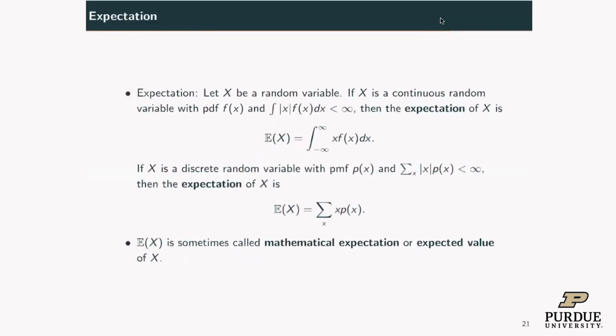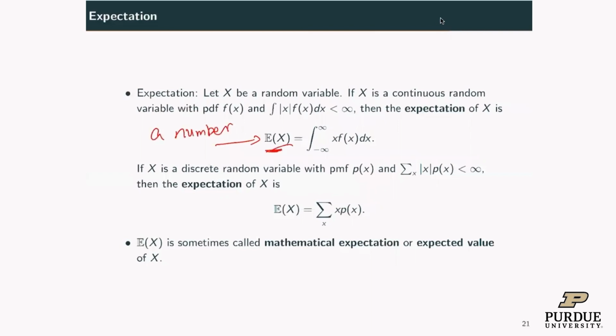Next, let's talk about expectation. First, the definition of expectation. Let x be a random variable. If x is a continuous random variable, the expectation is given this way. You do the integration of x f_x. Now, the most important part for expectation: expectation is a number.